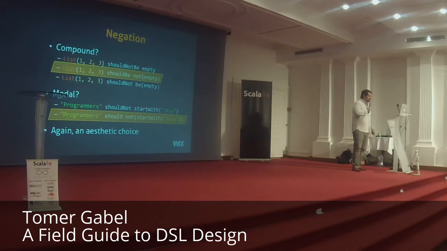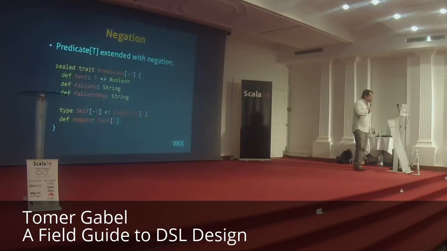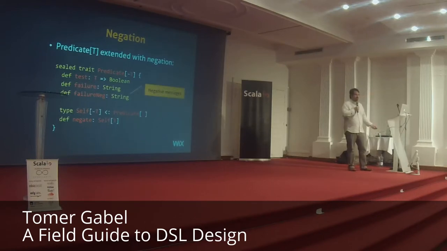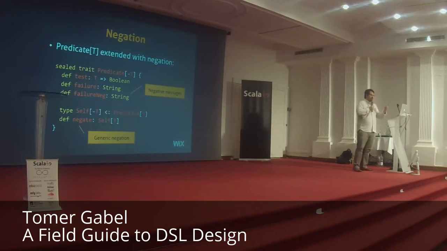And the way this is implemented is as follows. Here it gets a bit messy. The first thing we need to do is take our trait, which is now sealed, that's called predicate. We need to add a negative failure message to that predicate. And we want to have some sort of API that the predicate provides to give you a negative version of itself.